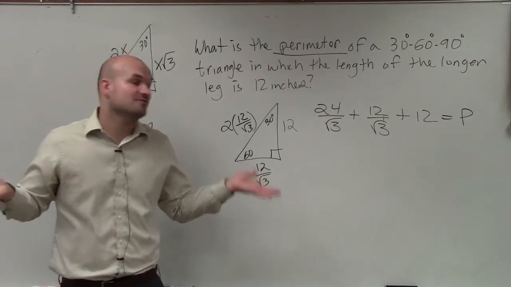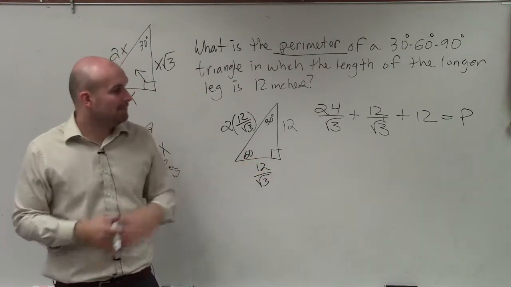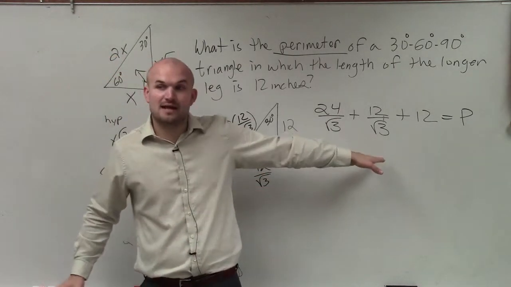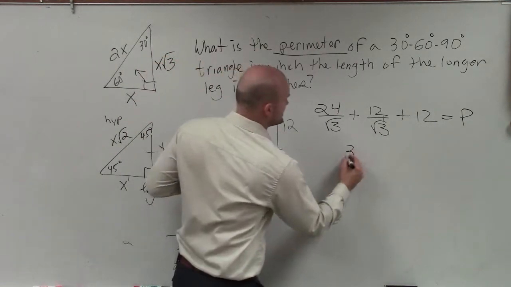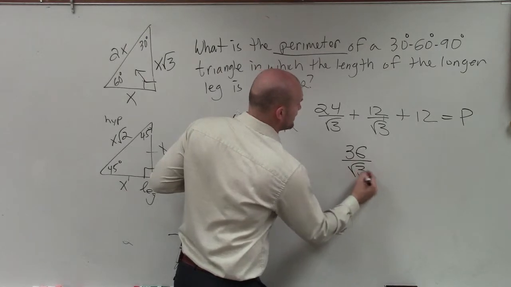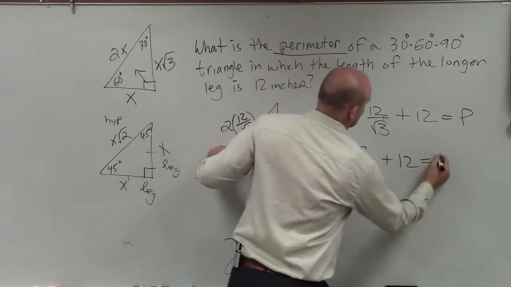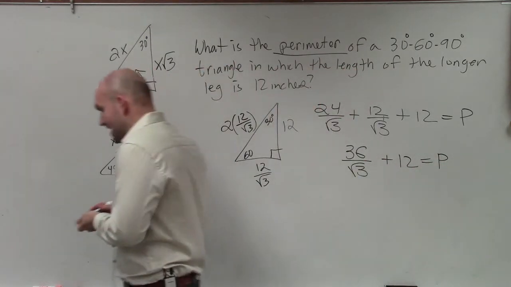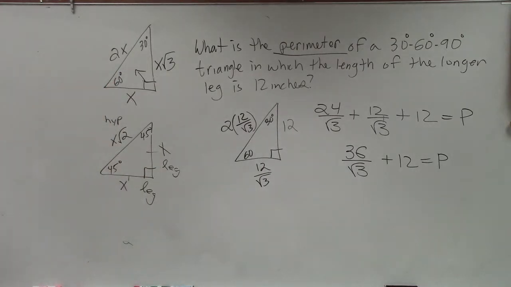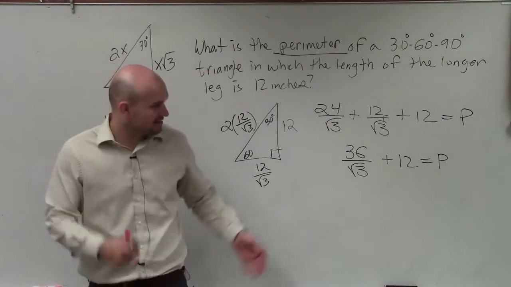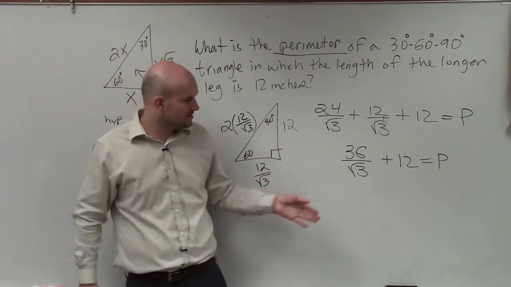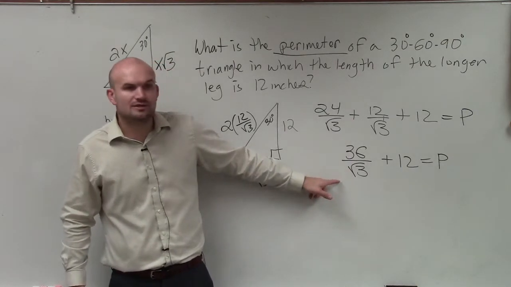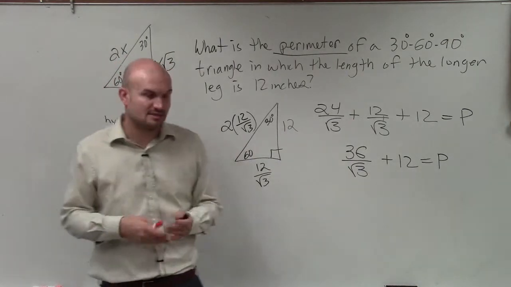Now, I know this still looks confusing. We have fractions in here. But notice our fractions have the same denominator, right? So I can add those. So I have 36 over square root of 3 plus 12 equals p. Now, going back to your Algebra 2 class or pre-calculus, we talked about this actually in this class. When you have a radical in the denominator, we have to rationalize the denominator.